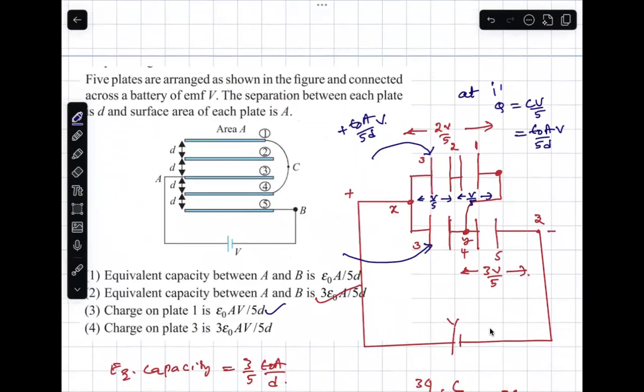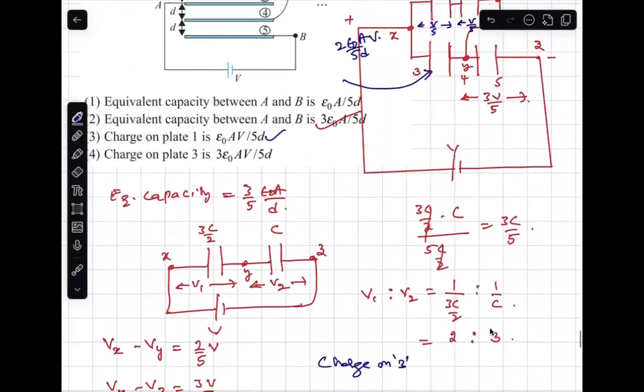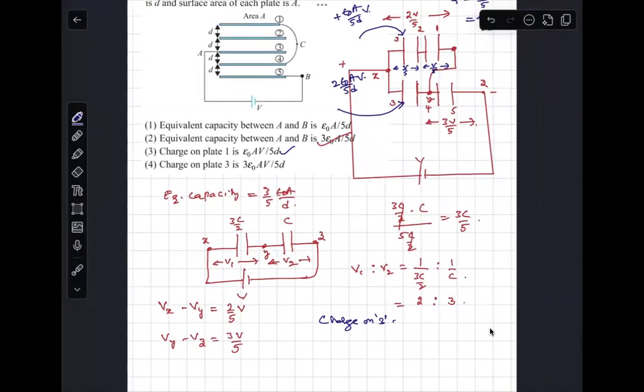Entire 2V by 5 drop is there. So therefore this will become 2 epsilon naught A by 5dV. Now tell me what is the total charge? Total charge on plate 3 is epsilon naught A by 5dV plus 2 epsilon naught A by 5dV. This will become 3 epsilon naught A by 5dV.